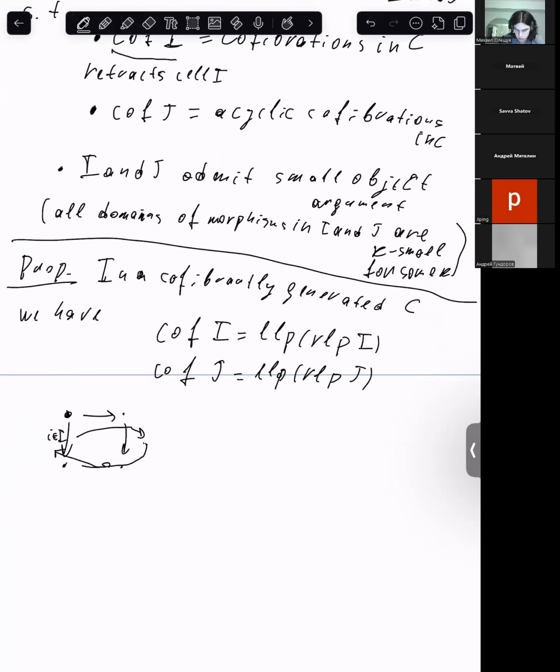So it is a good factorization of morphisms.